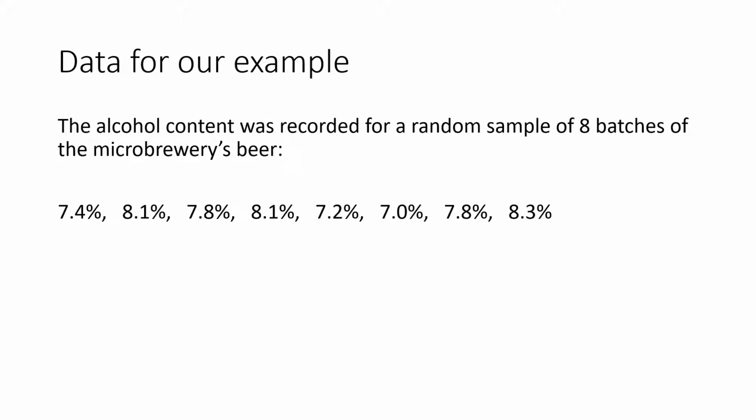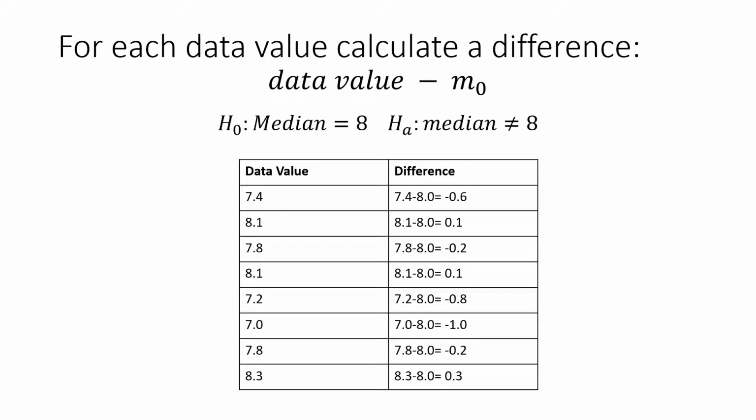So here are the data for our example. The microbrewery collected data from 8 batches, randomly sampled, and here is the alcohol content for each of the batches. So for each data value, we start by calculating the difference between the data value and the hypothesized median.